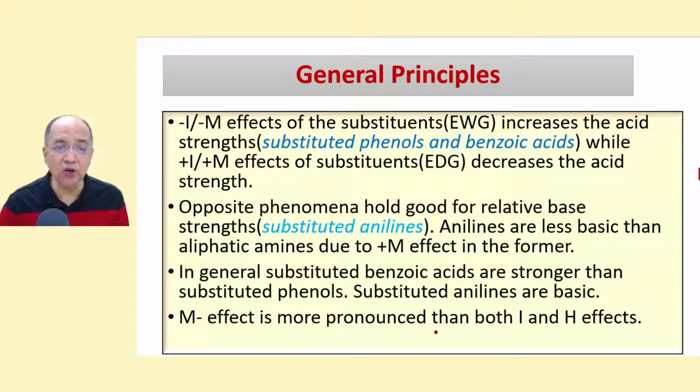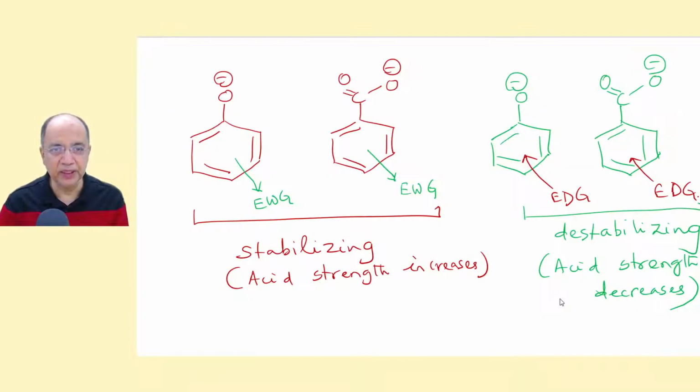M effect is always more pronounced than I and H effect, sometimes combined in aromatic compounds. If there is resonance, then that is a more powerful effect than hyperconjugation or inductive or both. Now I'm just showing you, this is the corresponding conjugate base, phenoxide ion from phenol. This is benzoate ion from benzoic acid.